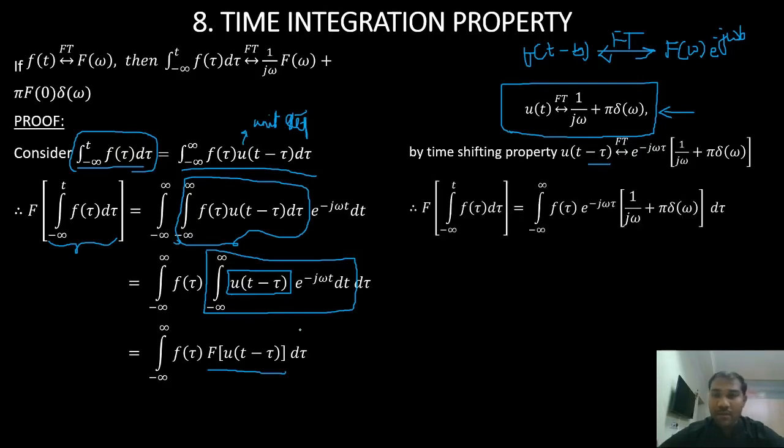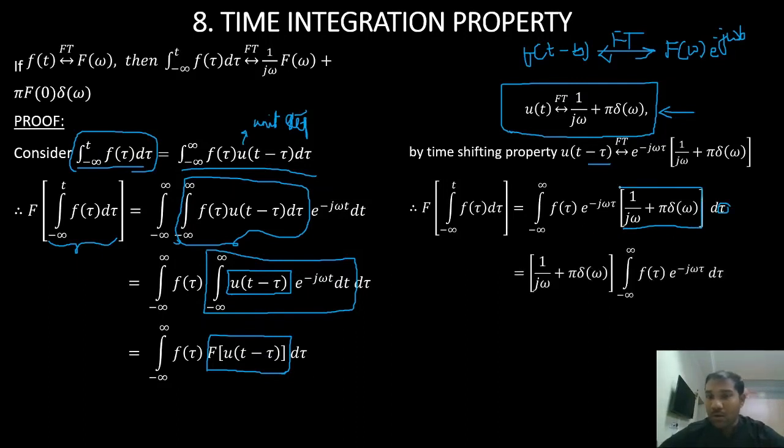The same thing we will substitute here for the Fourier transform of u of t minus tau. Now the variable of integration is tau. This entire thing is constant with respect to tau, so I can get it outside. And what is left? Integral minus infinity to infinity f of tau e power minus j omega tau d tau.